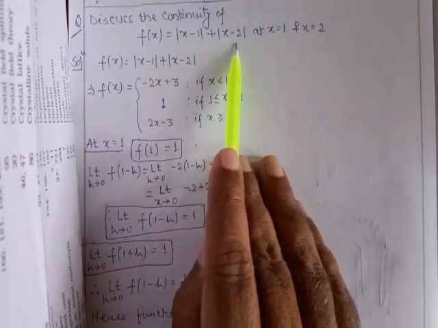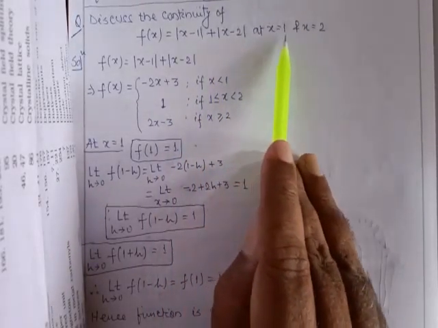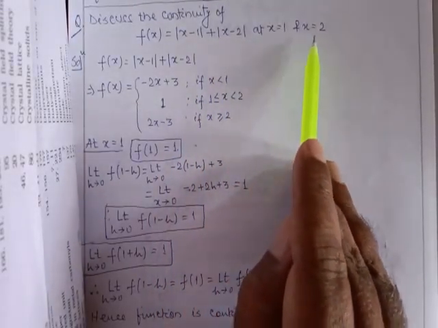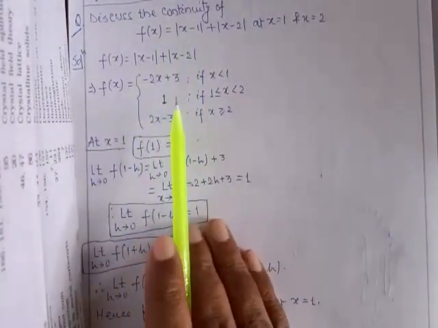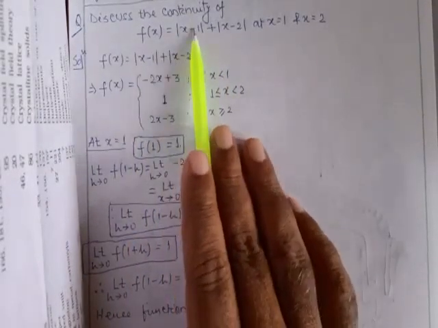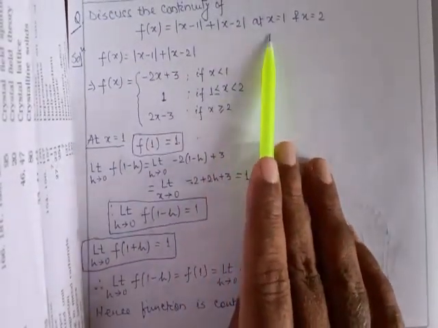So students, see, these are two questions. One, you have to discuss the continuity at x = 1, and another you have to discuss the continuity at x = 2.